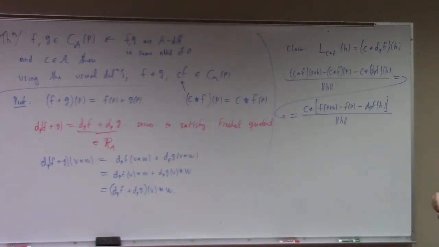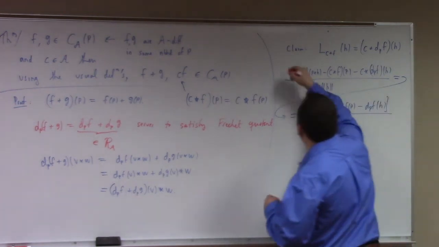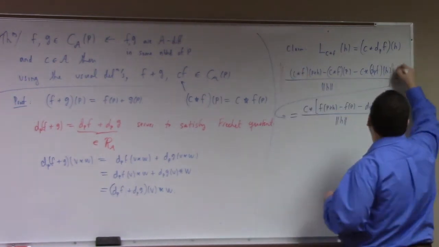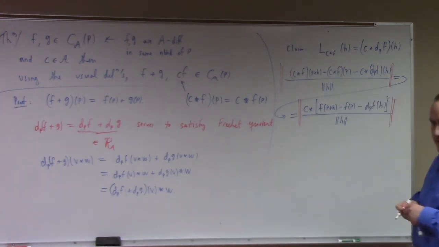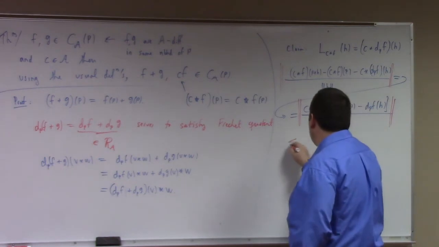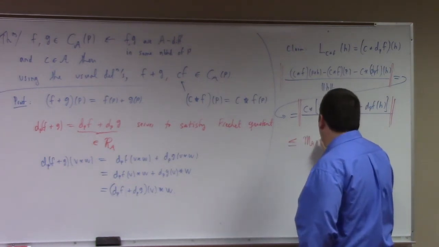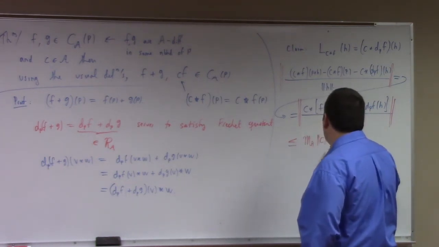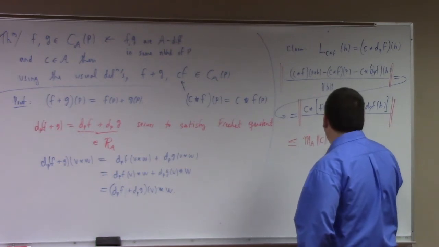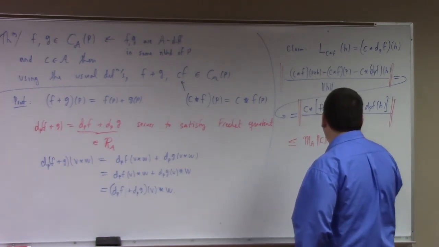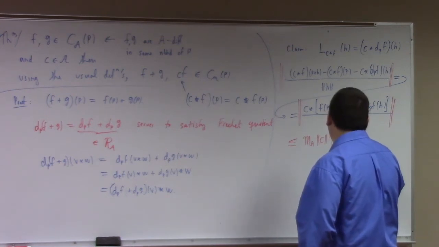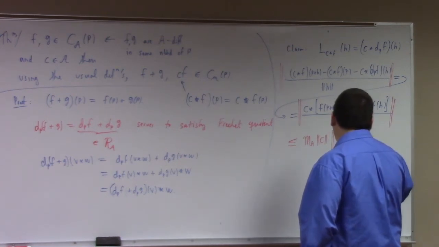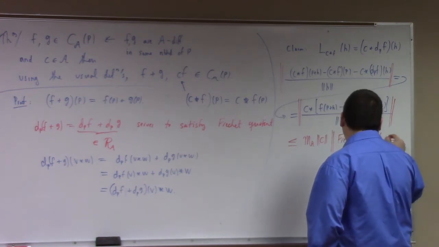So then you take the norm of this whole thing, and then you use the property I proved last time, the submultiplicativity. So this is less than or equal to m sub a, the norm of the constant, whatever that is, times the norm of this thing, times, let me just say, the Fréchet quotient of f at p.